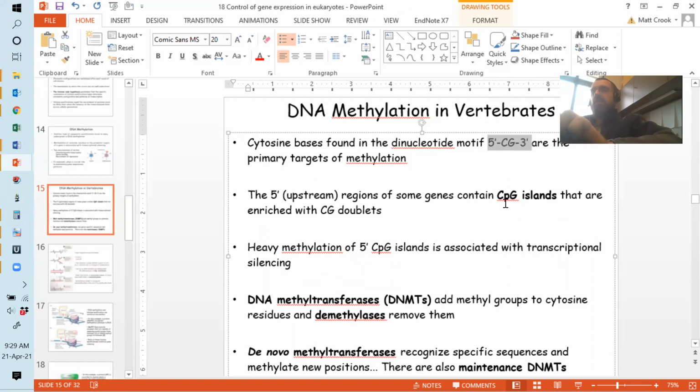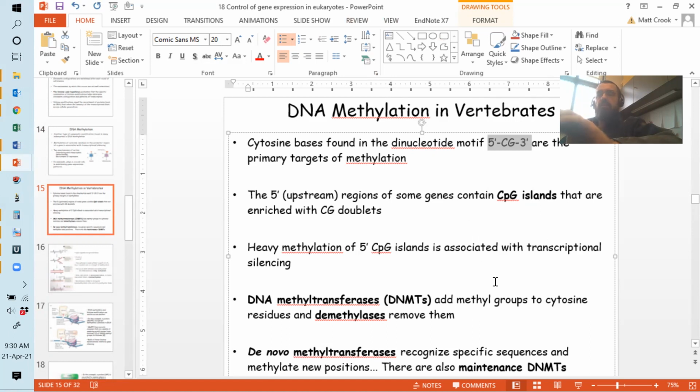And the p is basically the p for phosphate, right? So it's cytosine, guanine, and then maybe another base or two, and then cytosine, guanine. You'll find a lot of these, right? So these are essentially signals, or switches that can be flicked to turn on or off genes, right? So those methylations can be removed.